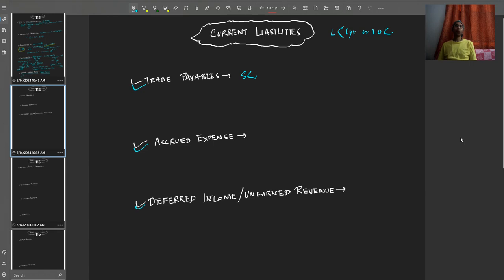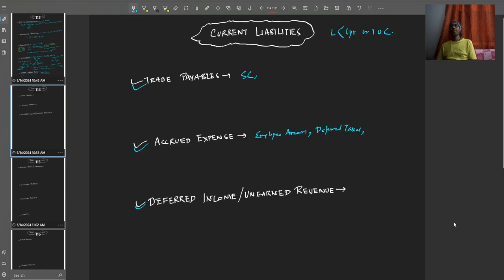Then there are accrued expenses. Accrued expenses means expenses that were due in previous terms that you did not pay off. For example, it can be employee arrears. So previous year expenses on employees which you have not yet paid, you are going to pay within 1 year of this year. That is one example. Then it can be deferred taxes.